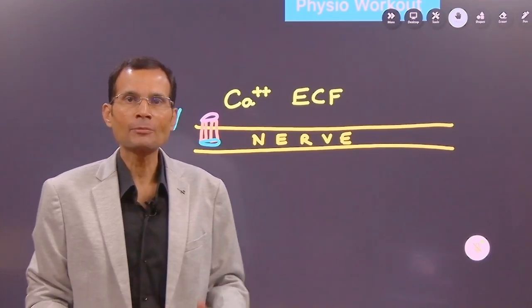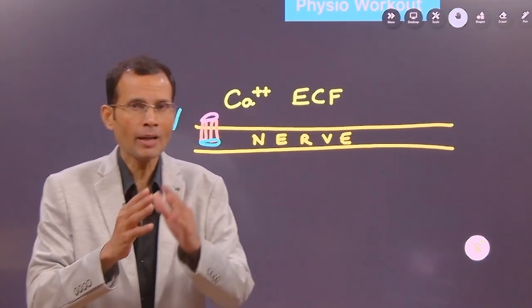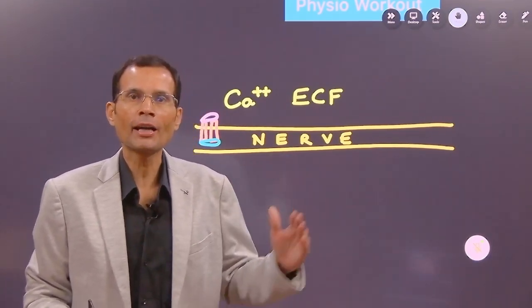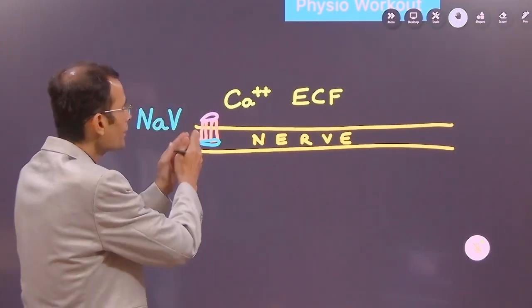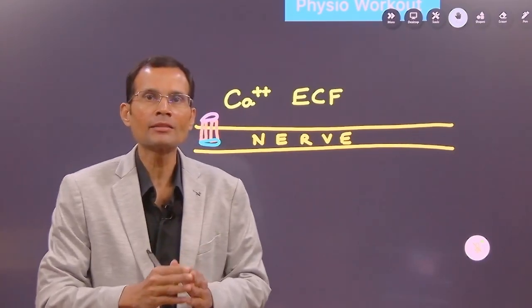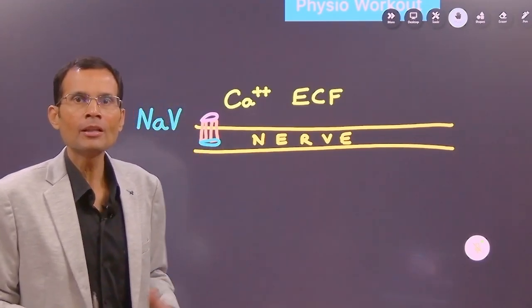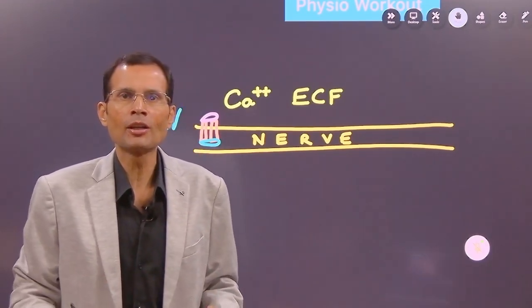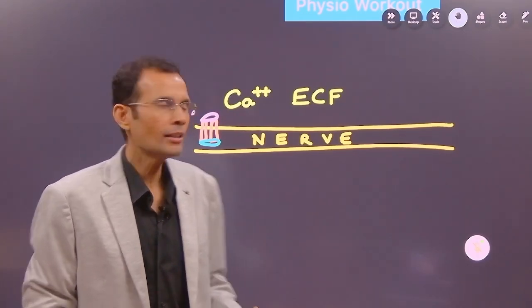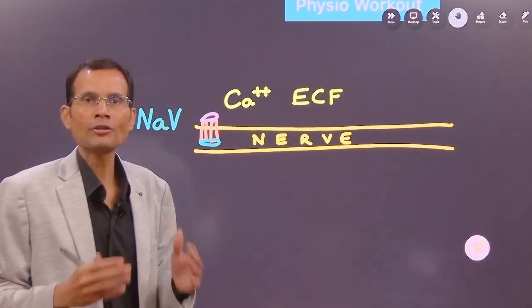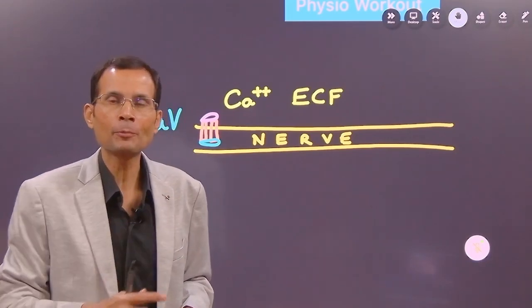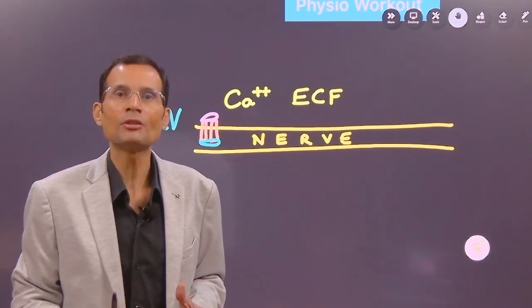So if the plasma calcium decreases, and this part is important, if there is hypocalcemia, then the gating behavior of these sodium channels would get disturbed, and the sodium channels become unstable. With even a faint stimulus they remain activated, and sodium influx causes continuous impulse generation and propagation through the nerve.